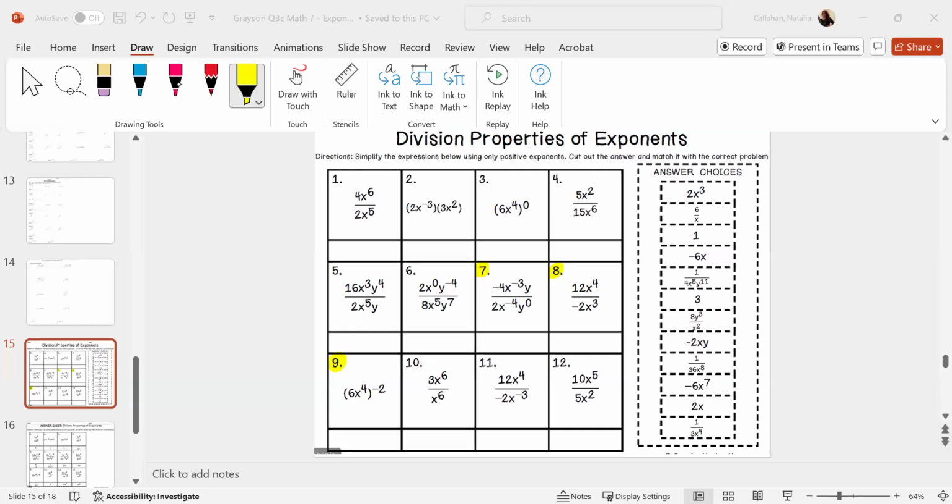Okay, so for number 7, do you see how there's a negative exponent right there, and there's a negative exponent right there? But you have a -4 here, and that's okay. That's not a negative exponent. So -4 is totally fine. Looking at the x and x, because they both have the same base, between -3 and -4, which one's the smaller number?